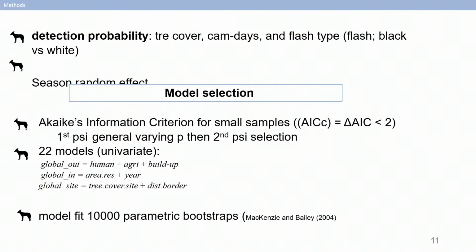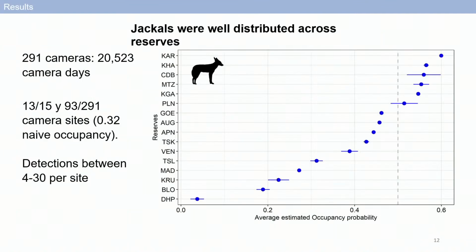In the end, we constructed 22 models, basically univariate, so one variable, but a few of them grouping some hypotheses related to characteristics that resemble some characteristics.